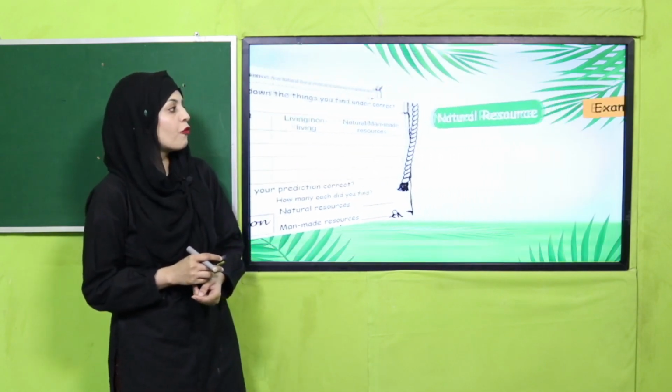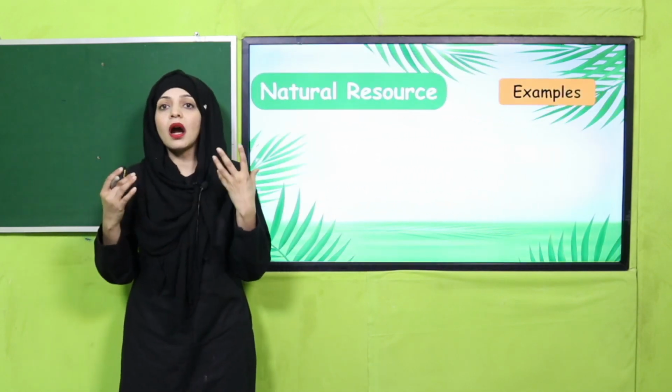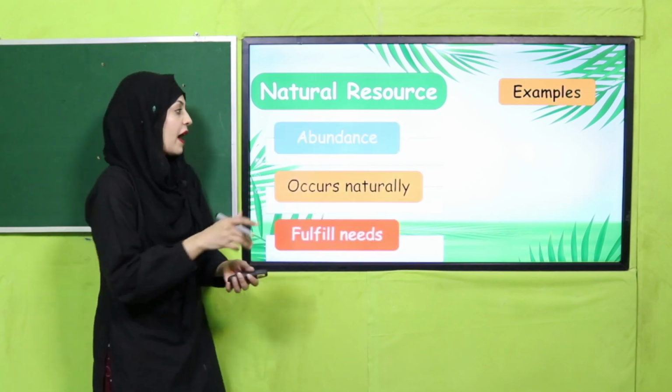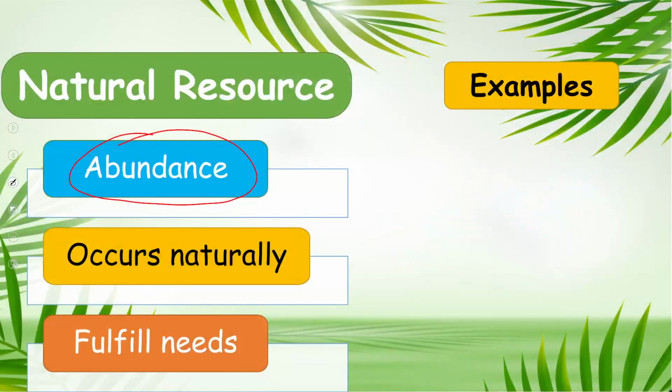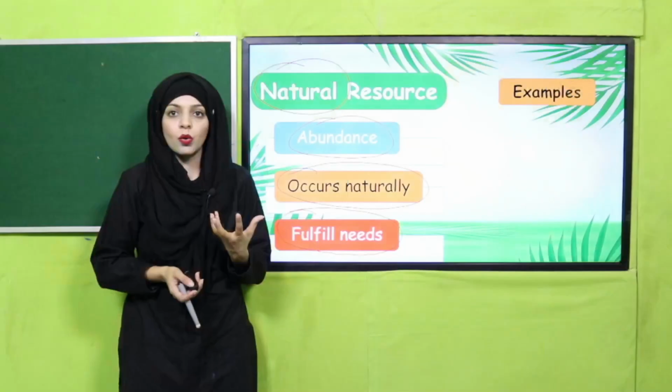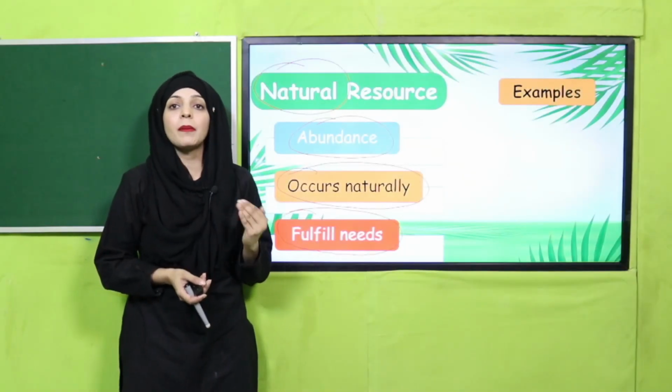Then we will move forward towards what are natural resources. Natural resources are which you can find in abundance, जो आपको बहुत ज़्यादा मिले, and they also occur naturally. ये natural होने चाहिए, man-made नहीं होने चाहिए, then they will be called natural. And they must fulfill the needs of human beings. ये हमारे किसी ना किसी फायदे के होने चाहिए, then they will become a resource.